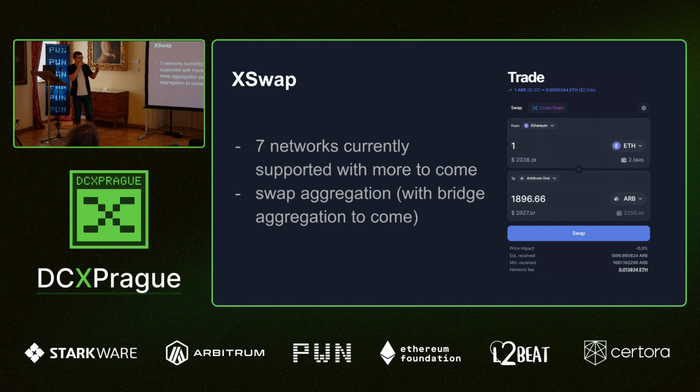So if there was a good deal for an ETH bridge, it would see if it makes sense to swap into ETH instead of a stablecoin, and then it would use USDC as the bridging token. But I think we actually don't currently use bridge aggregation because it doesn't really make sense, because LayerZero offers the best rates at the moment, if I understood it correctly.